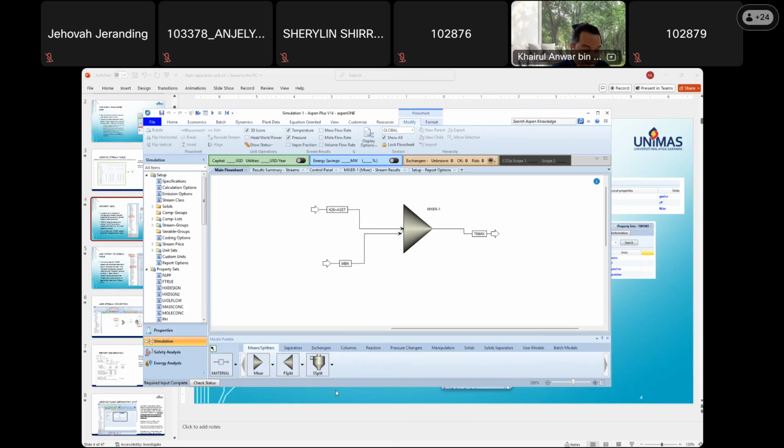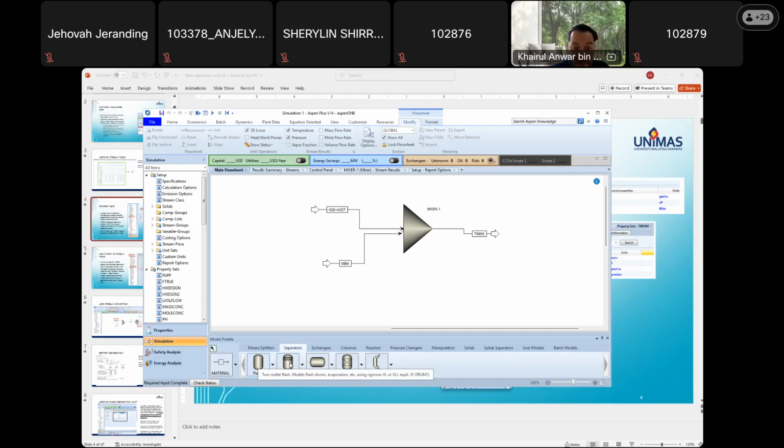A Flash 2 is based on VLE. See, Flash 3, VLLE. This is Flash 2 based on VLE. The goal is to separate feed into two streams and obtain 95% water and acetone purity respectively.